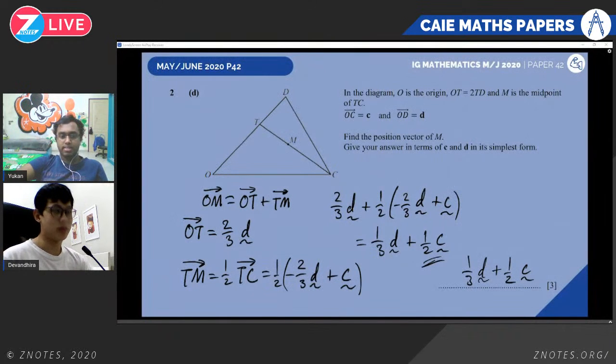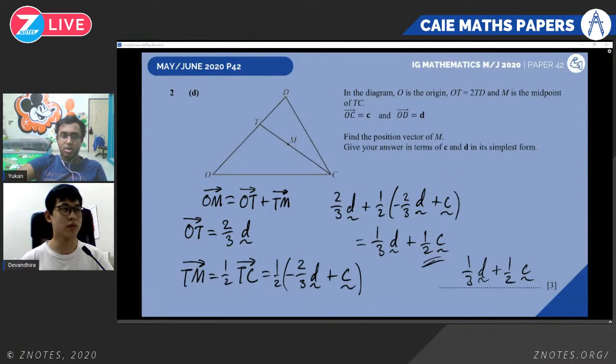Here it can be quite a challenge trying to figure out what OT equals 2TD means. Devon demonstrates it really nicely: you add the coefficients together and then divide by the coefficient in front. In this case, OT is two-thirds of the line OD and TD is one-third of the line OD.